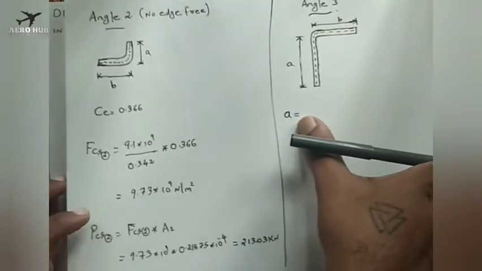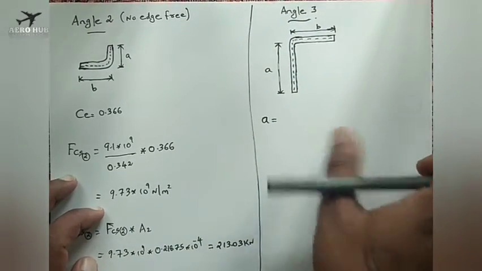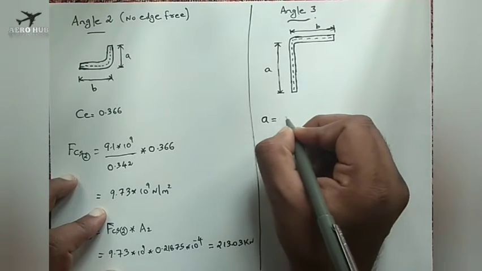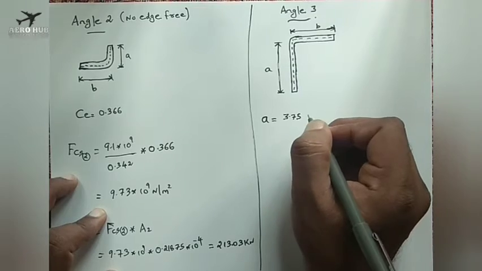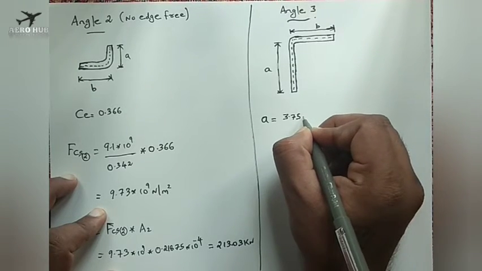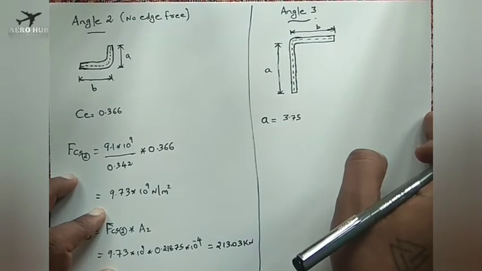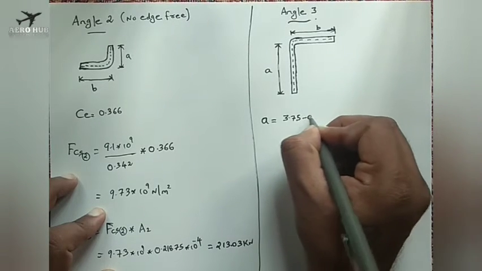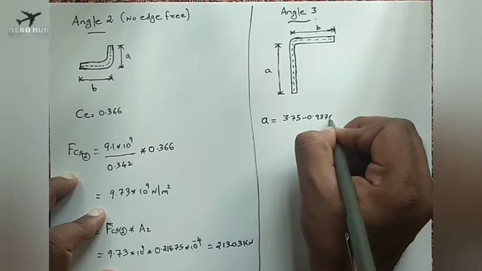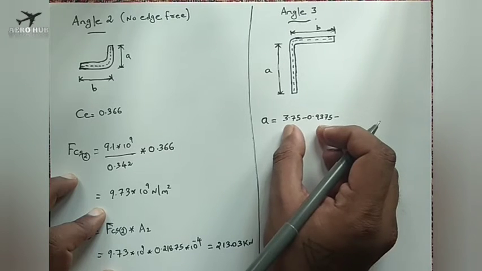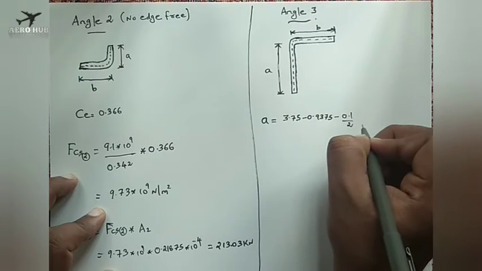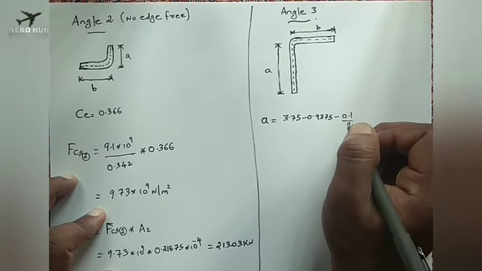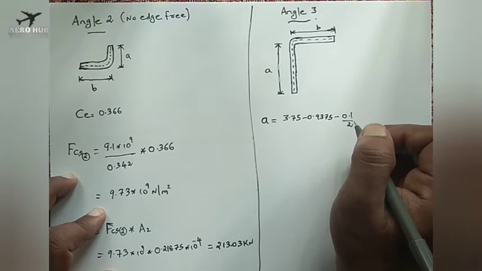So I will write here the value of A is equal to 3.75, that's the total height of the stringer hat section, minus 0.9375, which gives the actual vertical height of angle 3, minus 0.1 by 2, because we have to include the center line property, and the thickness is 0.1 here.